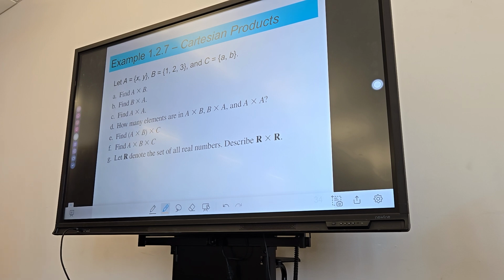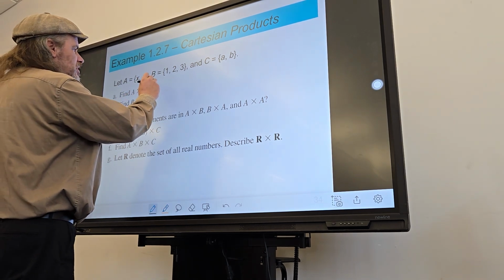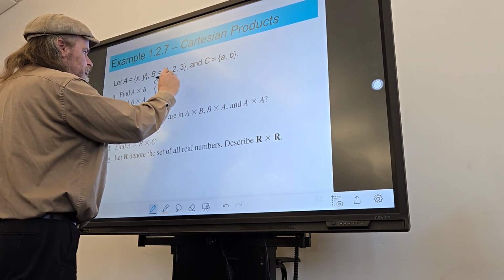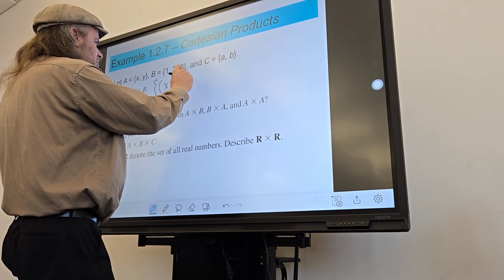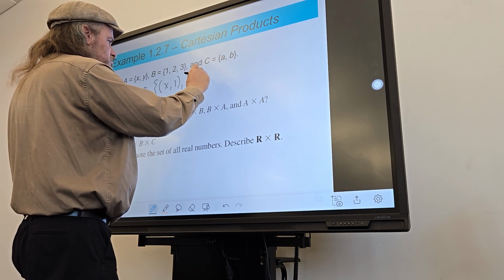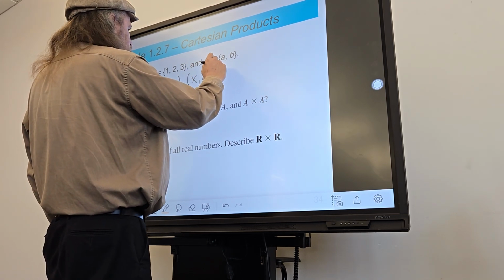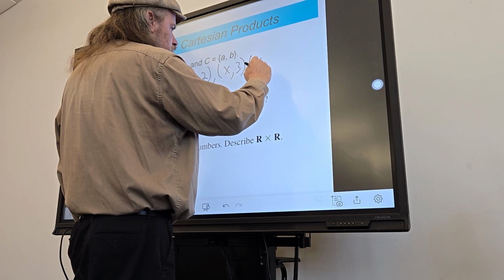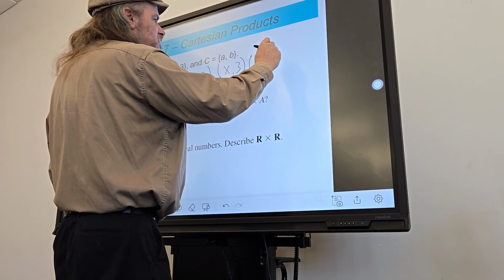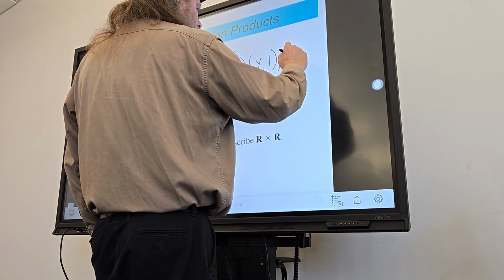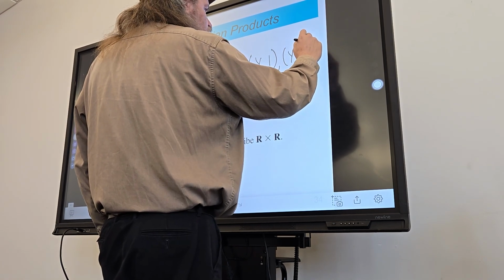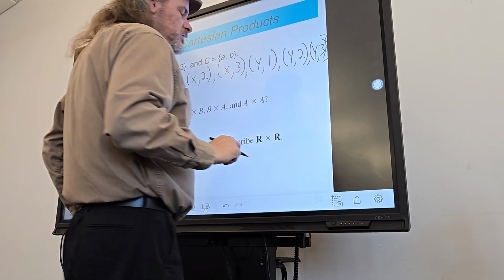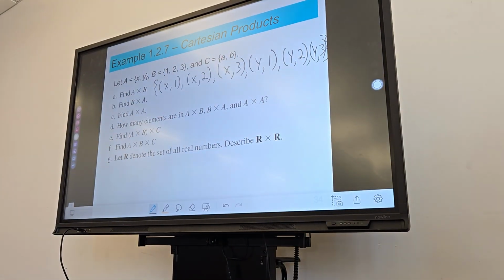A Cartesian product with B. See how that's every combination of the elements of A and B?